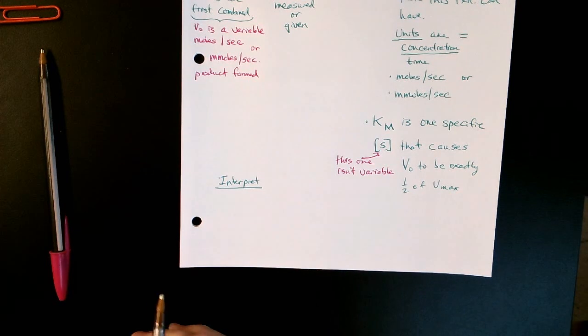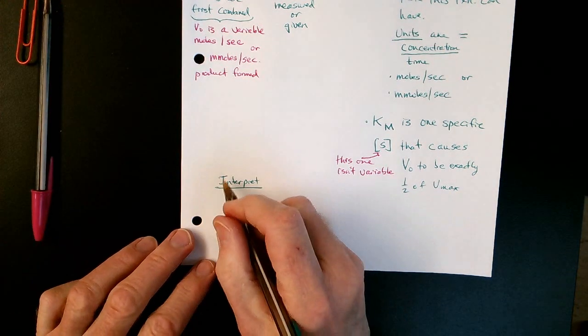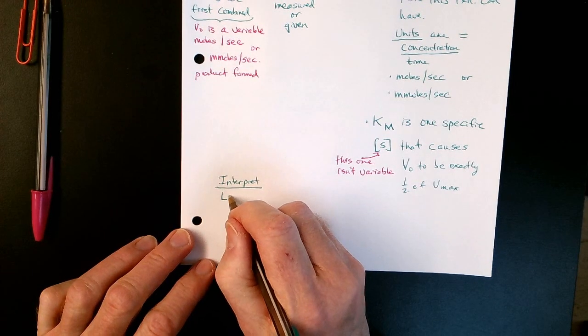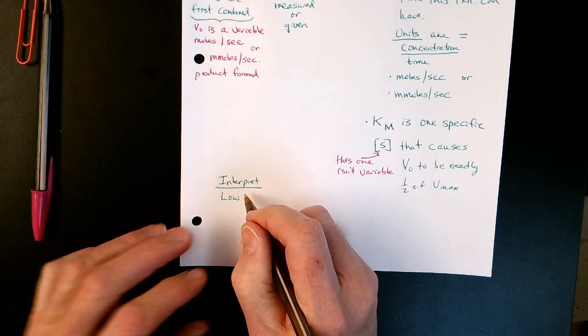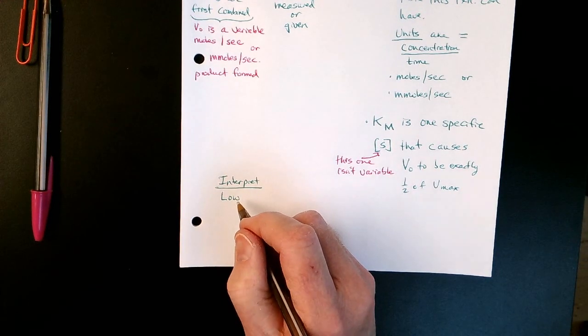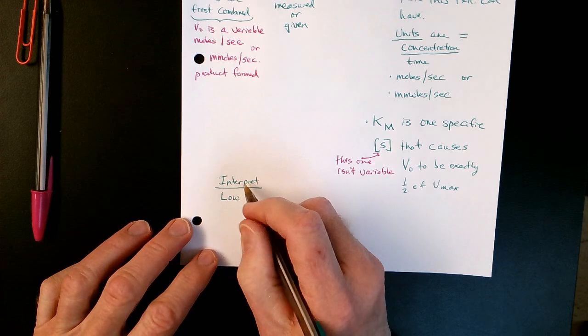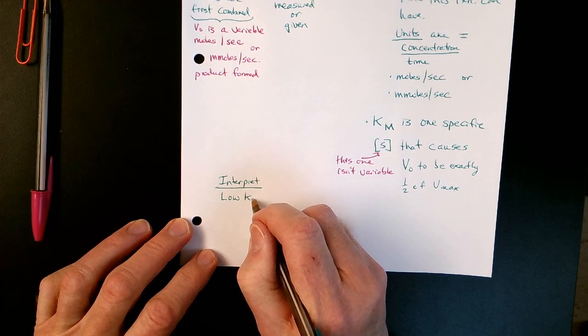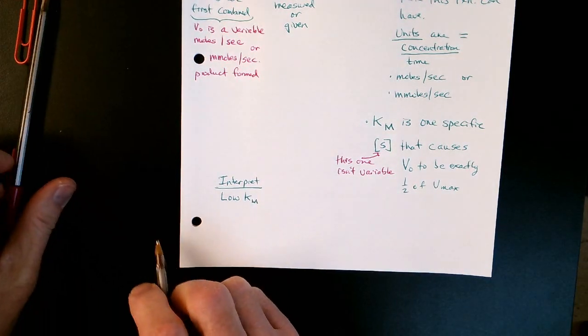Let's interpret a few things here. One thing you're looking for if you're a drug designer is the difference between a low Km and a high Km enzyme. So let's think about that.